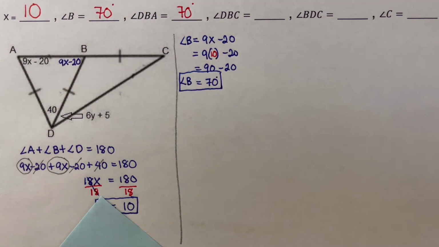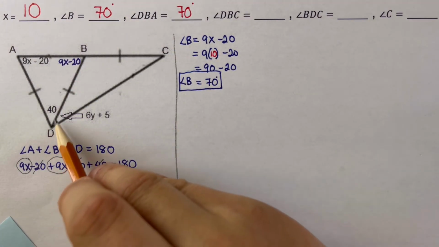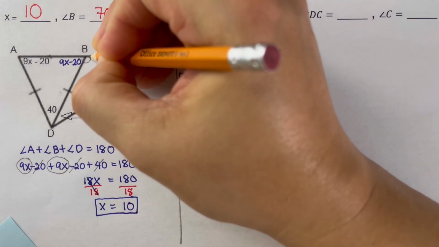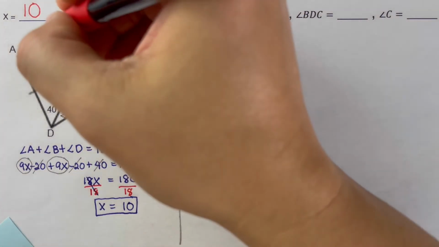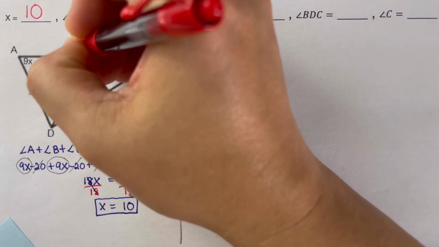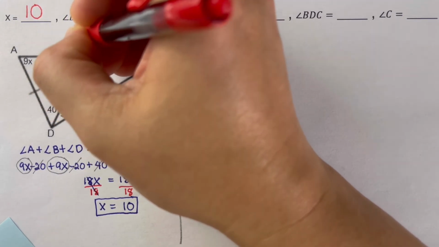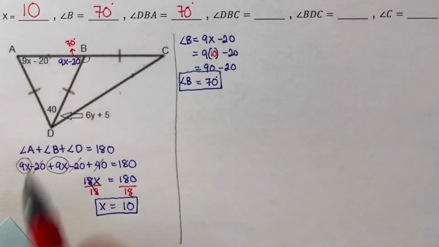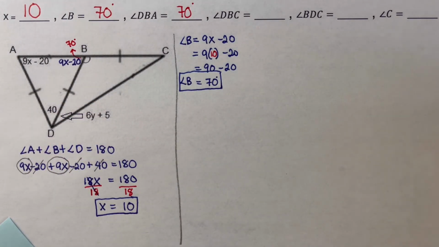So angle DBC is this corner right here. We need to determine what this angle is. Since this corner right here is 70 degrees, we can say that this is a linear pair, which tells us that their sum should be equal to 180 degrees.